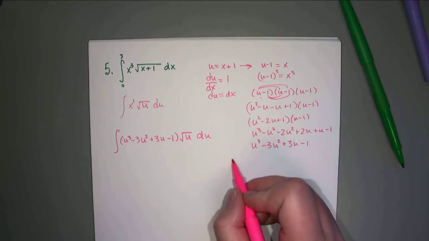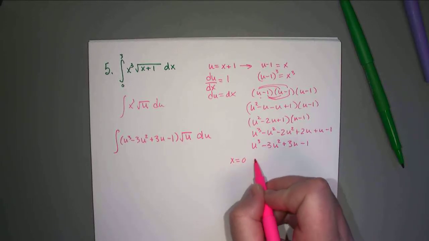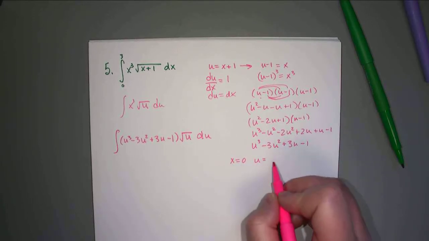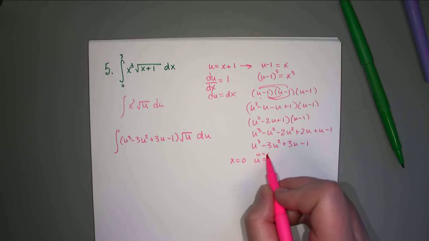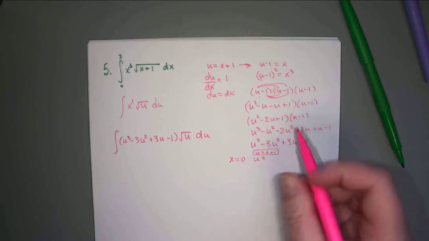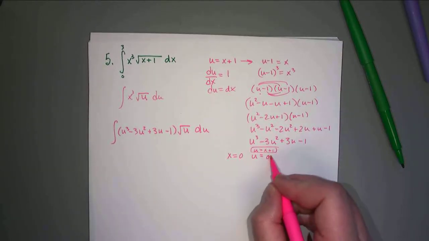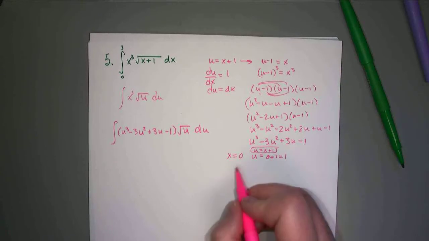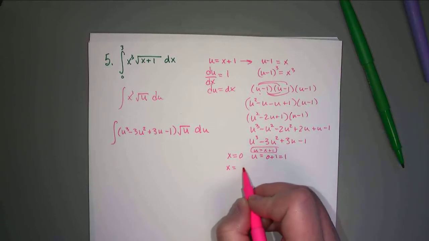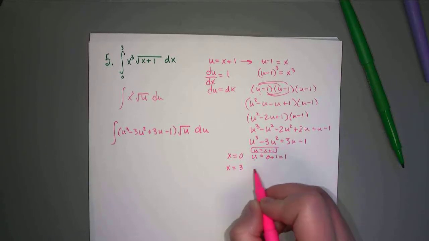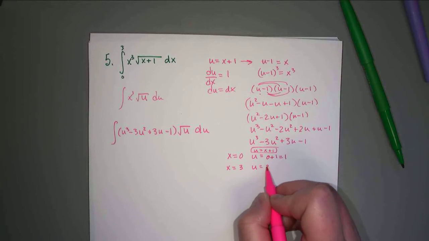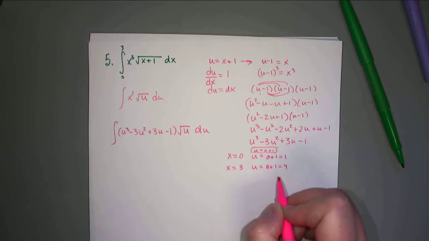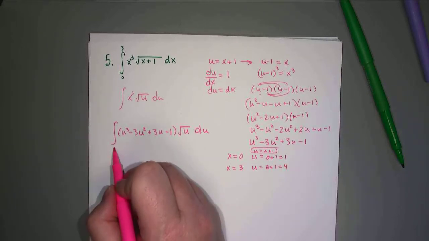So we started with x equals 0, and we want u to be, u is x plus 1, from right here. So 0 plus 1. And then we want x to be 3, so u will be 3 plus 1. So we'll put these on 1 to 4.